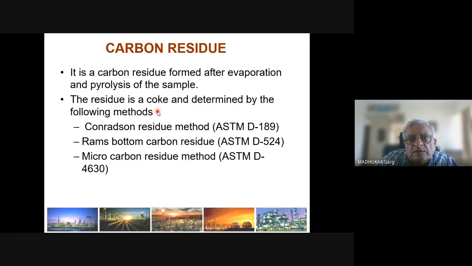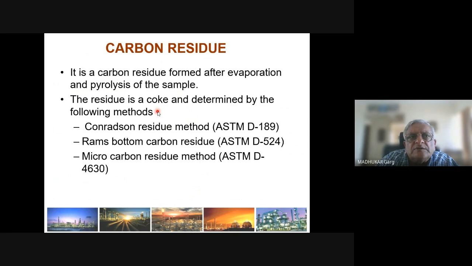So slowly over a period of time, you are decomposing the hydrocarbons. Whatever evaporates will evaporate, and ultimately the heavier hydrocarbons will crack and make a carbon deposit. And that deposit, if you weigh it, is the carbon residue.